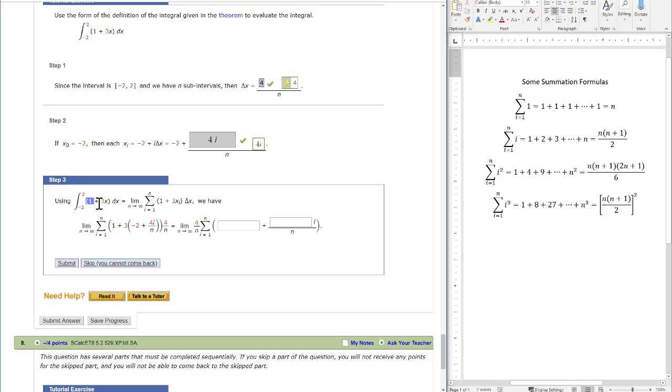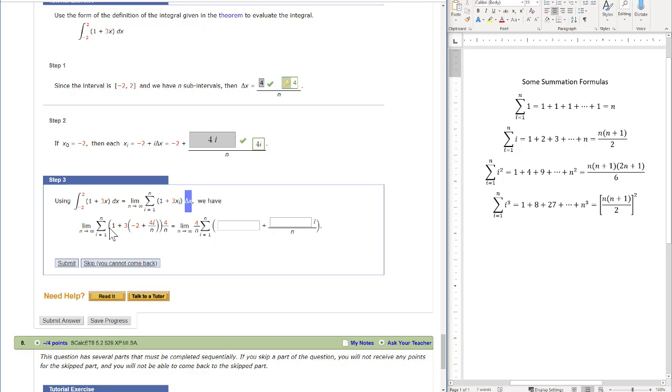So our function 1 plus 3x will go into the summation, and then for each x we're going to substitute x sub i, the right hand endpoint of each of the subintervals. This is the function, and the function represents the height of the rectangle, and the base of the rectangle is represented by our delta x.